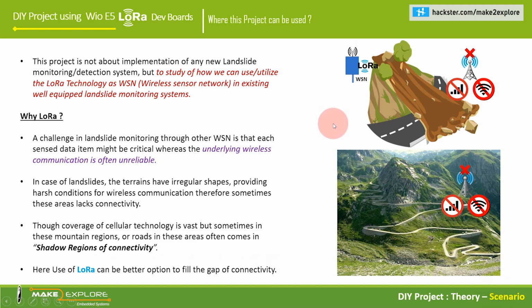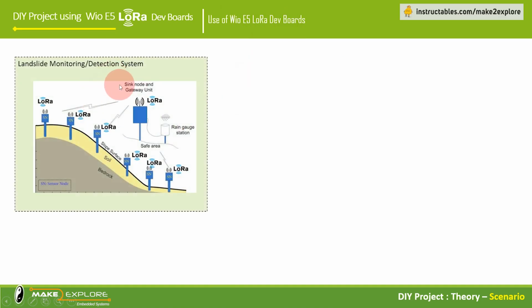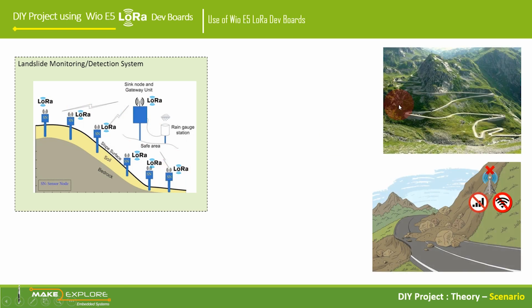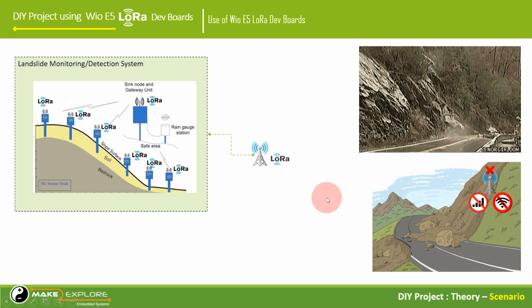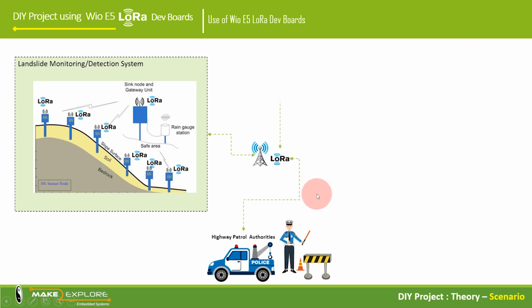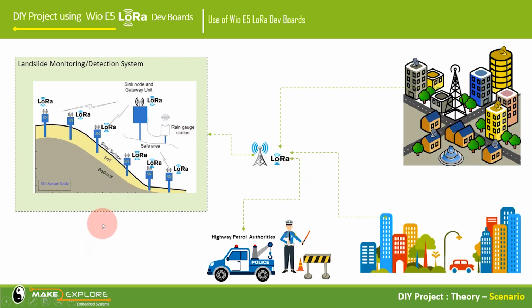Now let's see how Wio-E5 LoRa modules will be used in this project. Suppose there is a landslide monitoring system which incorporates different LoRa wireless sensor nodes. Suppose this system has been deployed at a landslide-prone area and hilly road, where Wi-Fi and cellular networks are unavailable. This system is connected to nearby cities and highway patrol authorities via LoRa. For that, we will use the Wio-E5 Dev Kit as sensor node.